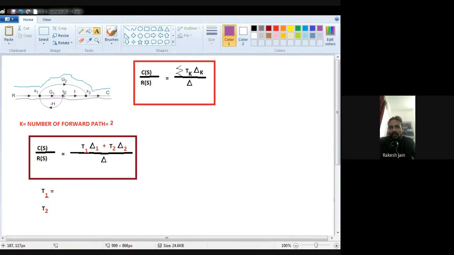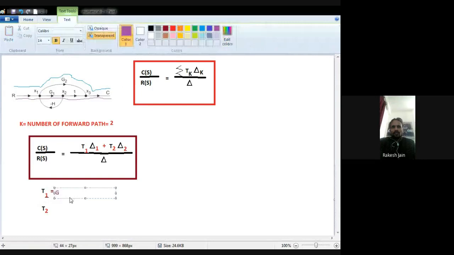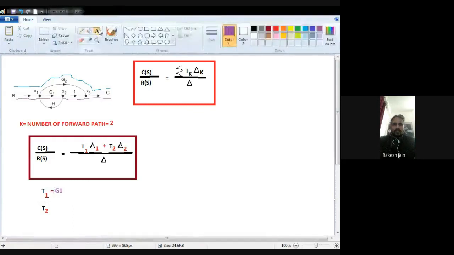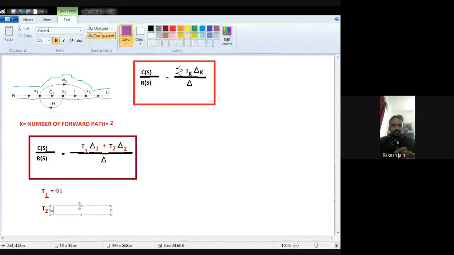Then I reach up to x2 and g1 is written there, so 1 into g1, then x2 up to x3, 1 is there, so 1 multiplied by g1 multiplied by 1, then we reach the output node without anything written over there, so it means 1. So g1 is the only thing written, so I just write down g1 for the first forward path gain.